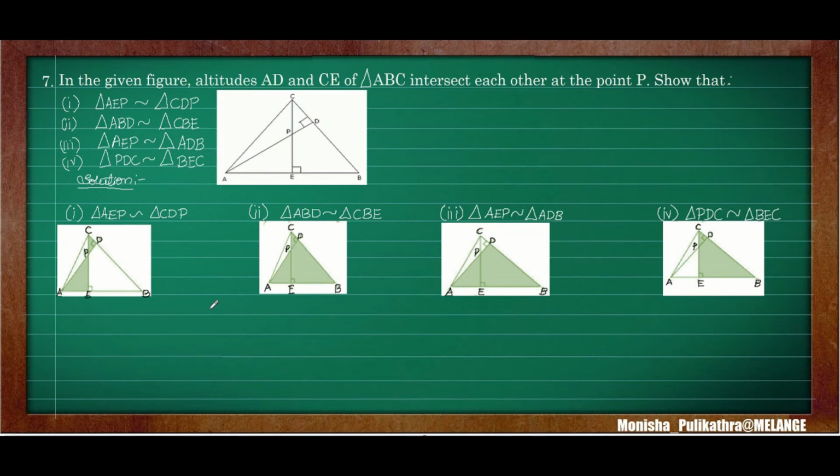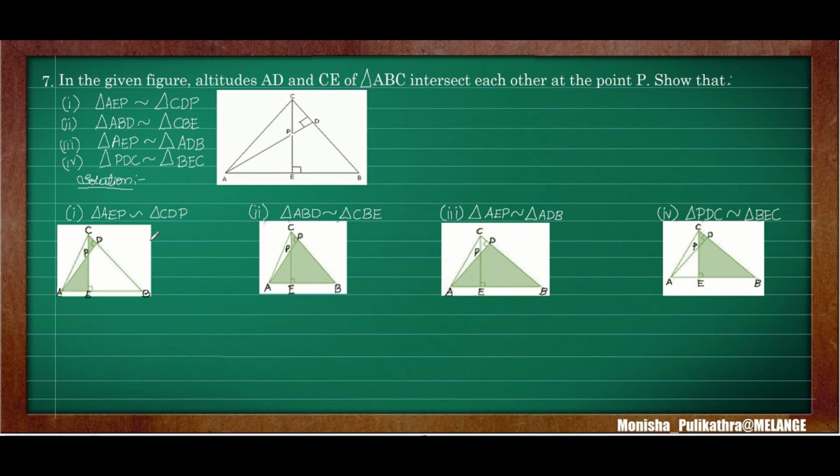In the given figure, altitudes AD and CE of triangle ABC intersect each other at point P. We need to show all these things: triangle AEP is similar to triangle CDP, triangle ABD is similar to triangle CBE, and so on.